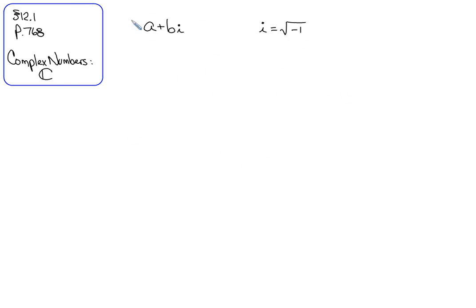Any of those numbers can be written in the form of a plus bi, where i is the square root of -1 and a and b come from the set of real numbers. Okay? So for example, things like 7 minus 5i, 3 plus 2i, -1 plus 7i, etc.